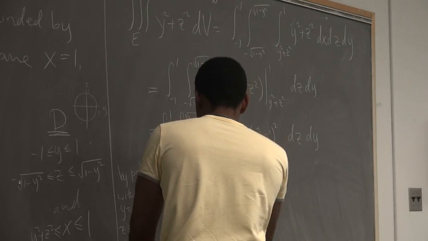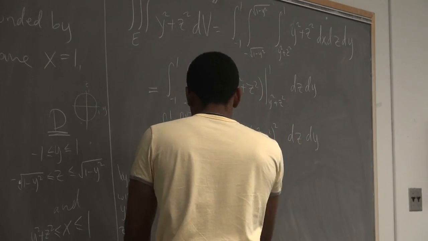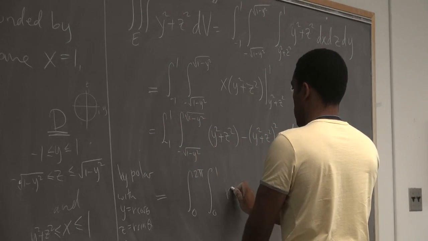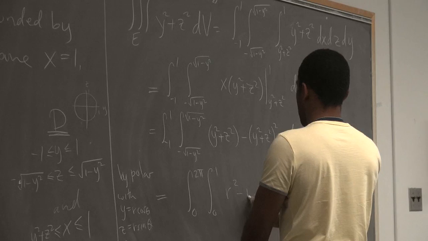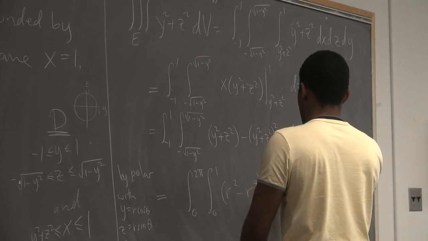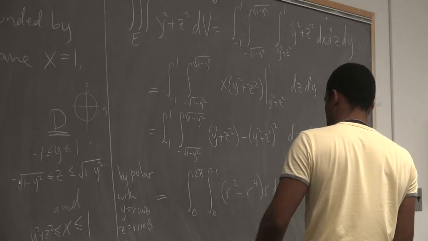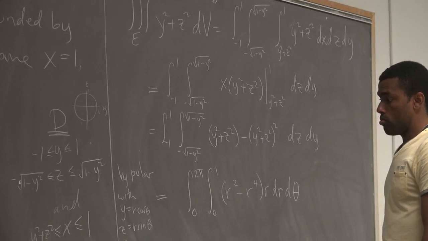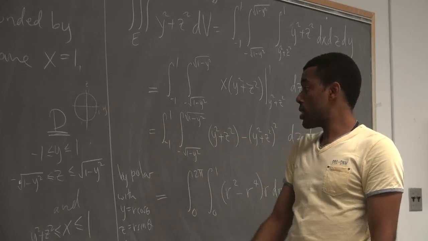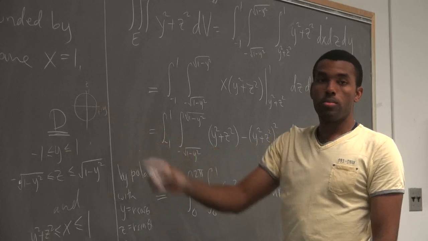And so then theta goes from 0 to 2 pi, r goes from 0 to 1. This is r squared minus r to the 4th times r dr d theta. How did you get 0 to 1 from that? Radius goes from 0 to 1. It's a circle of radius 1. Oh, okay, yeah.